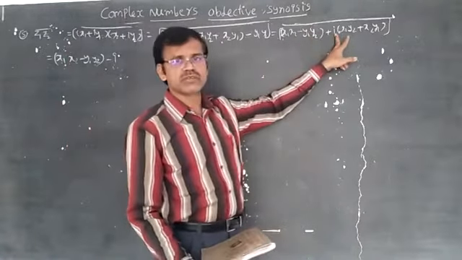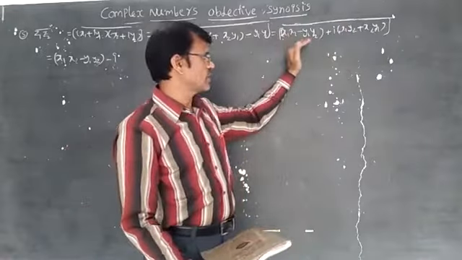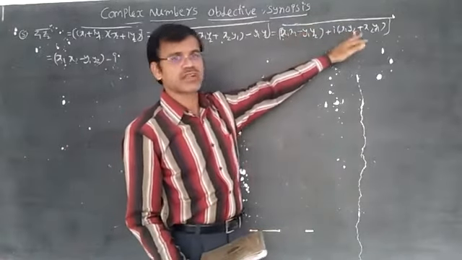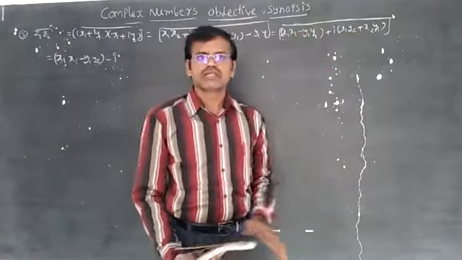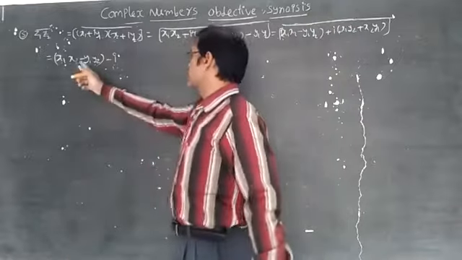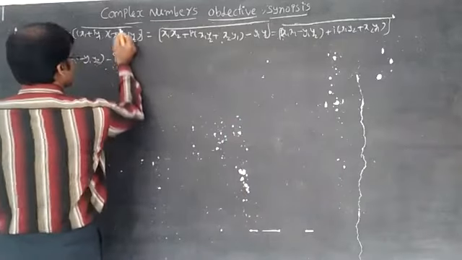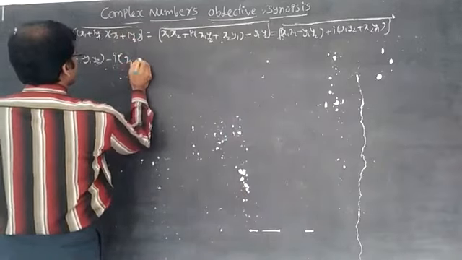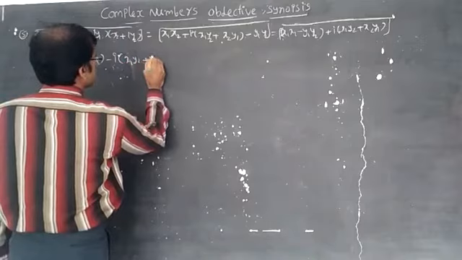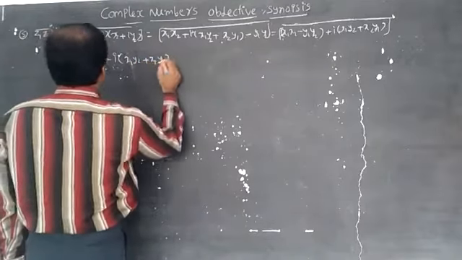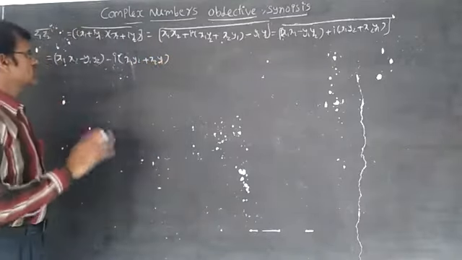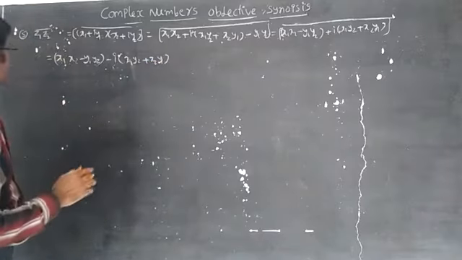Whenever the plus symbol is there, simply change it to minus, where the number related is a and this number is b. So a minus ib. Simply try to understand and write like this: x1 x2 minus y1 y2 minus i of (x1 y2 plus x2 y1). This is the value we got.